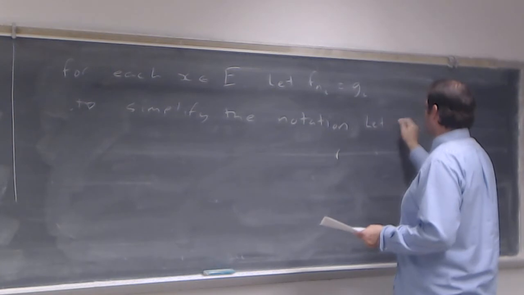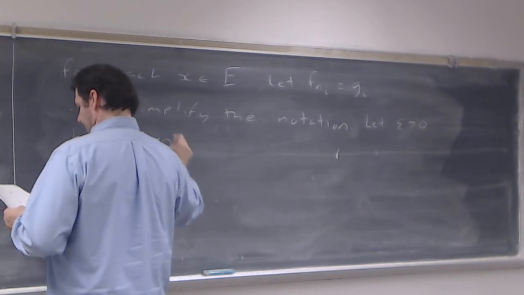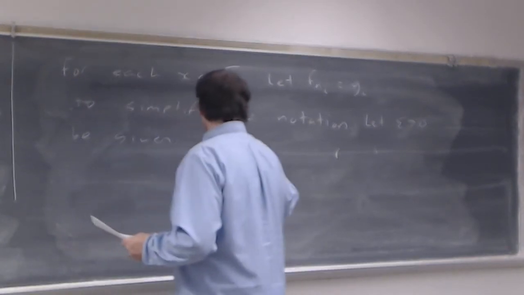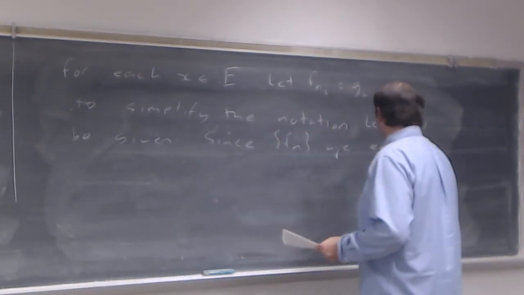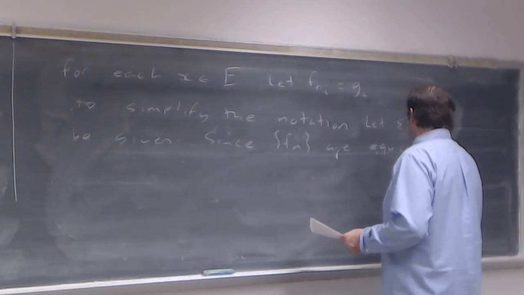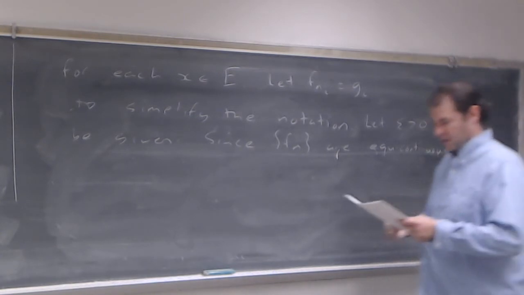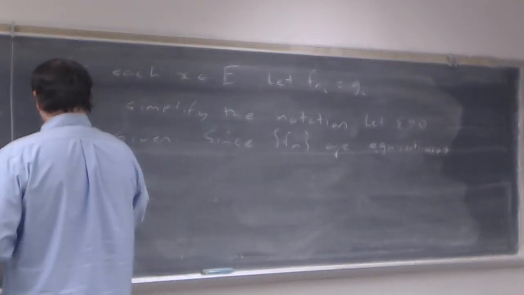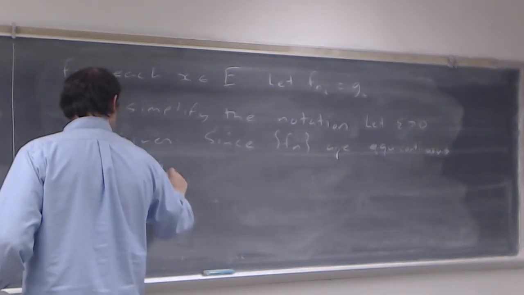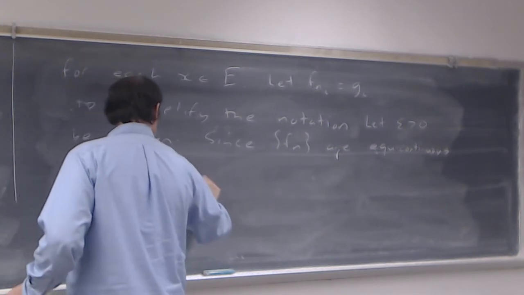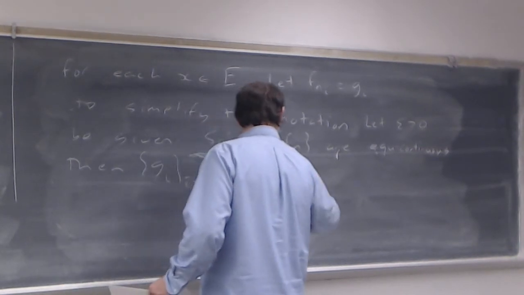Now we're going to let epsilon greater than 0 be given. Since the f sub n's are equicontinuous, then the subsequence, the g sub i's, are equicontinuous.